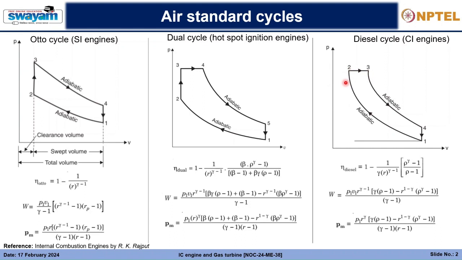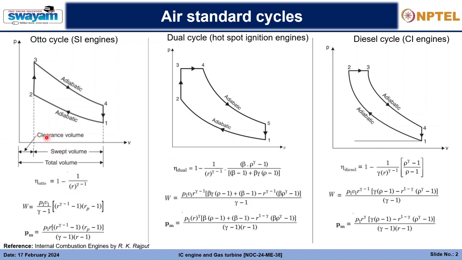And we have derived in the previous sessions the air standard efficiency of an Otto cycle and the air standard efficiency of a diesel cycle. The air standard efficiency of an Otto cycle is dependent entirely upon the compression ratio.